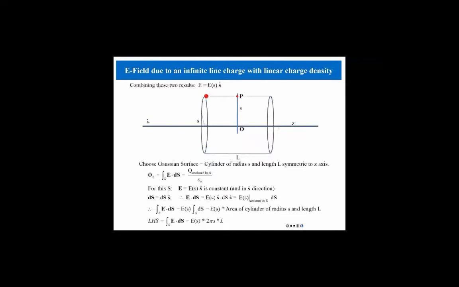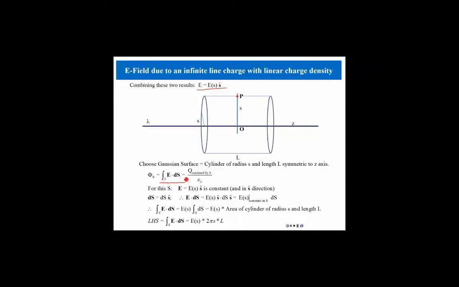Okay, so we've got this combined result here. So we choose a Gaussian surface, this cylinder, that will be of radius s, so therefore P is on that surface, and is of length L. Everything is symmetric to the z-axis. The flux through this cylinder, by Gauss's law, is equal to the Q enclosed over epsilon naught.